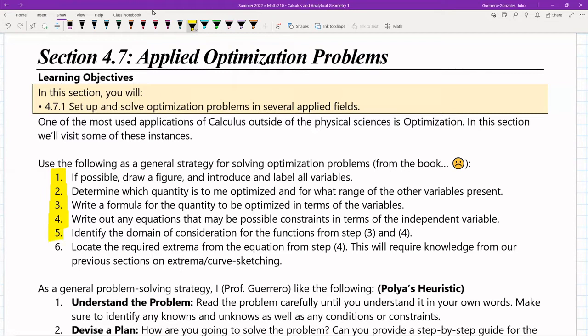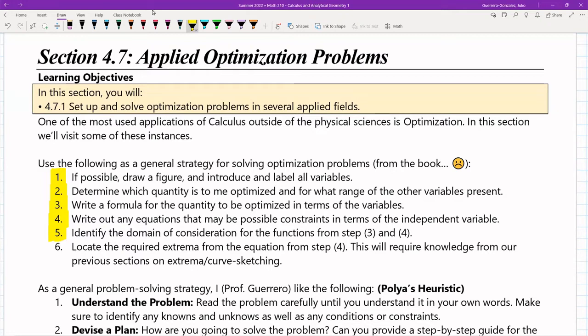For step 5, identify the domain of consideration for the functions from steps 3 and 4. If you're working with equations, this is basically saying, if you're messing with lengths, you can't have negative lengths. So you're not going to have anything where the length is less than 0. That's basically it. It's not much.